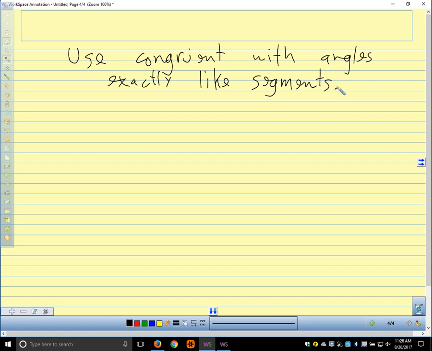What is the same about them if two angles are congruent? How do we measure angles? What do we use to measure angles? A protractor, and the protractor measures degrees. So if we say two angles are congruent, what are we saying? They have the same number of degrees. Congruent angles have the same number of degrees.